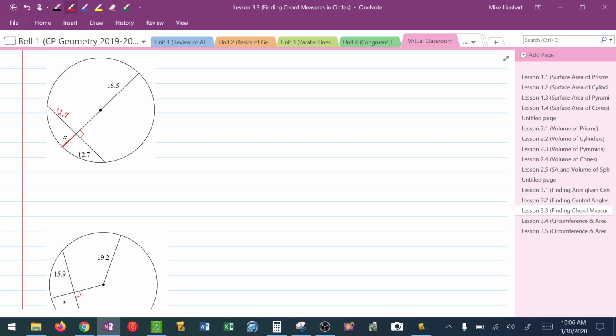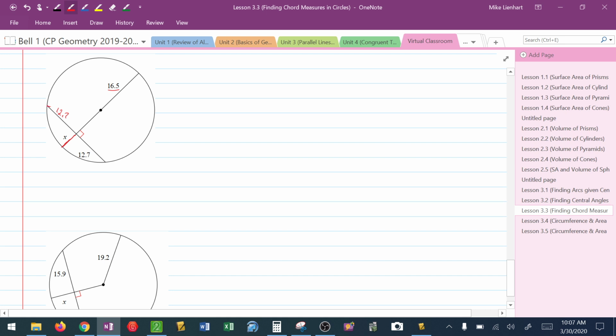Well, I'm going to look and create something unique in this situation. I know that that 16.5 right here represents the radius. I know that in a circle, all radii must be congruent. I can draw a radius anywhere that I want in this circle.